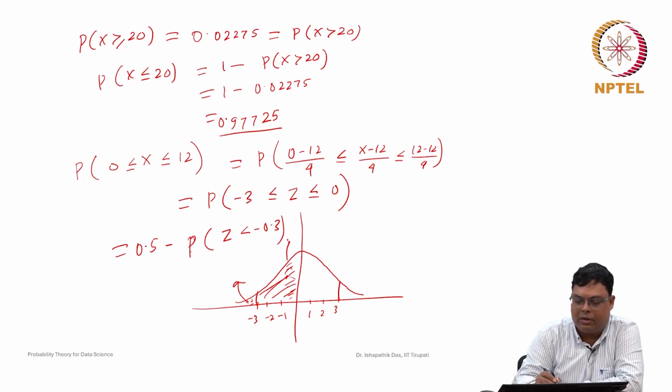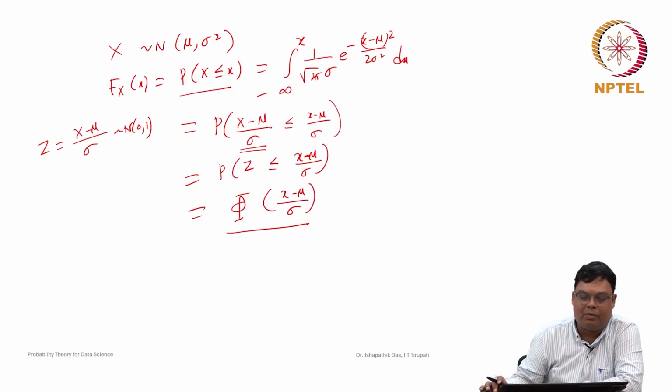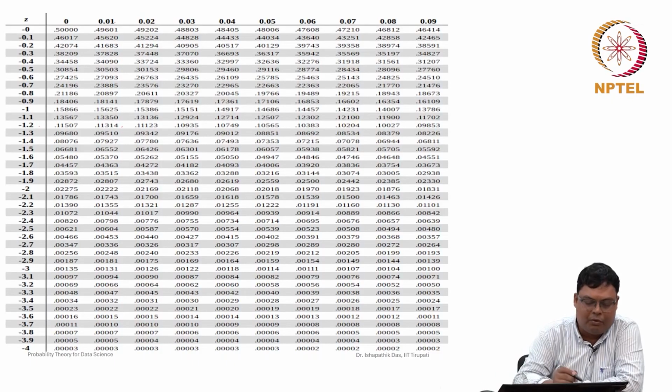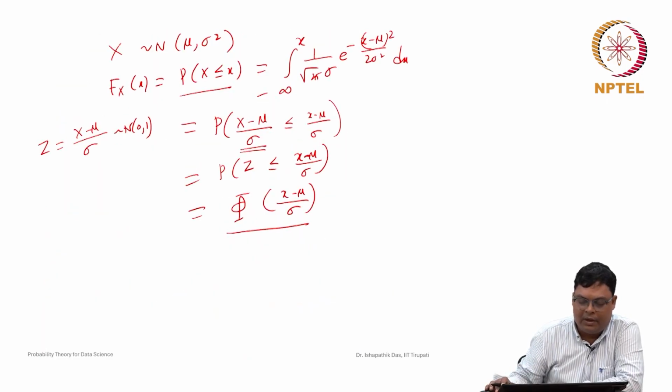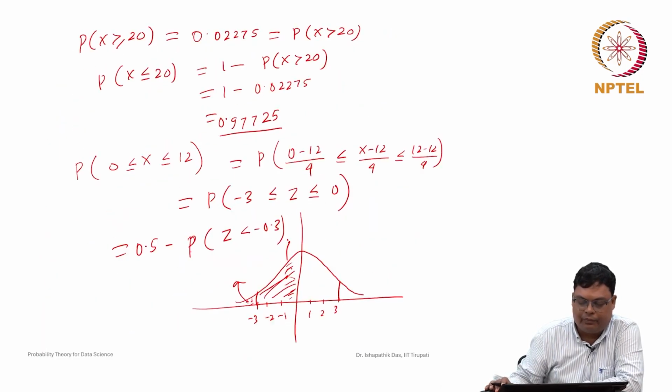Now the probability that z is less than minus 3 can be found from the table. Up to minus 3 this probability is 0.00135. So, 0.00135 we have to subtract here. So, this is 0.5 minus 0.00135, and we have to compute the value.